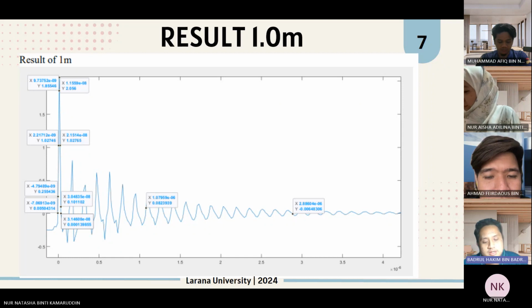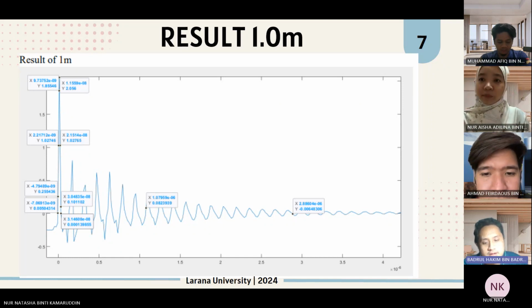So the distance is the main reason why we can get the results differently. Okay, next.